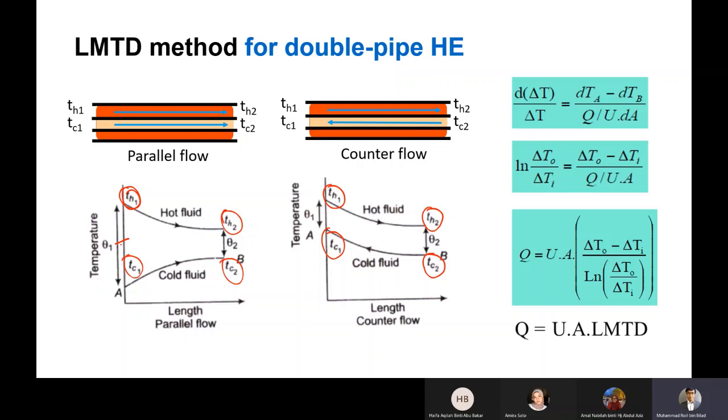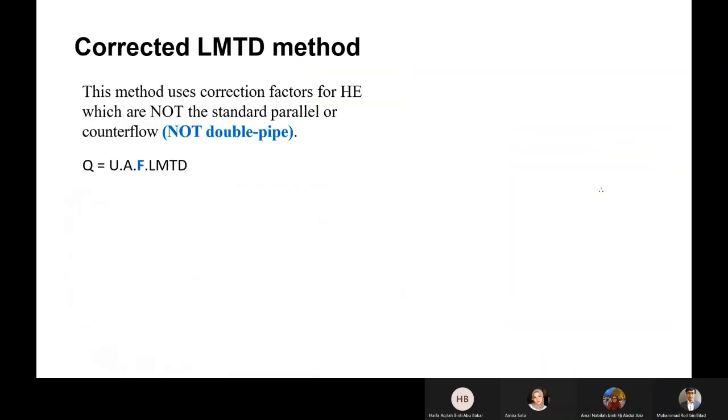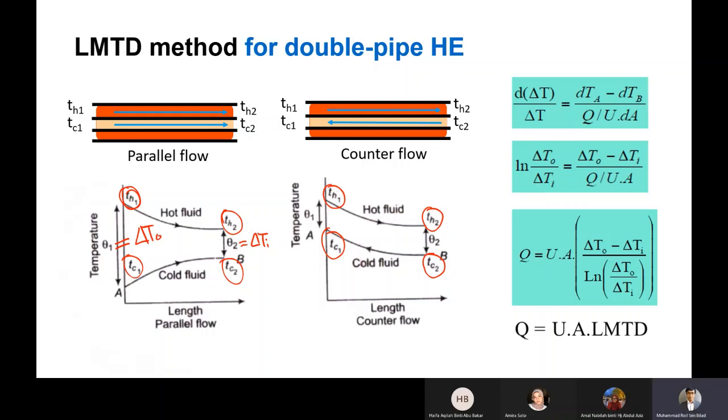So this one equals delta T_o, and this one equals delta T_i. Sorry, is it correct? So this one is again delta T_o, and this one is delta T_out. Delta T_o is always referred to the hot fluid.